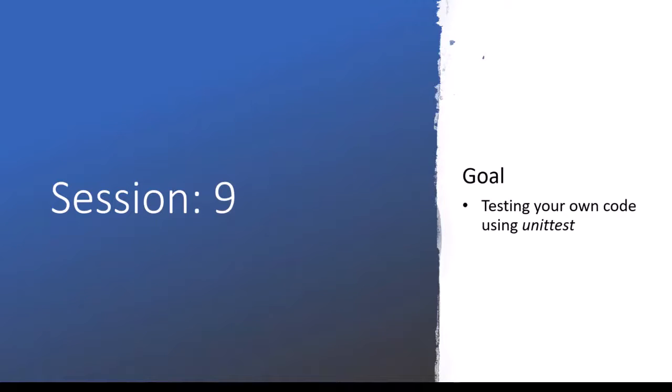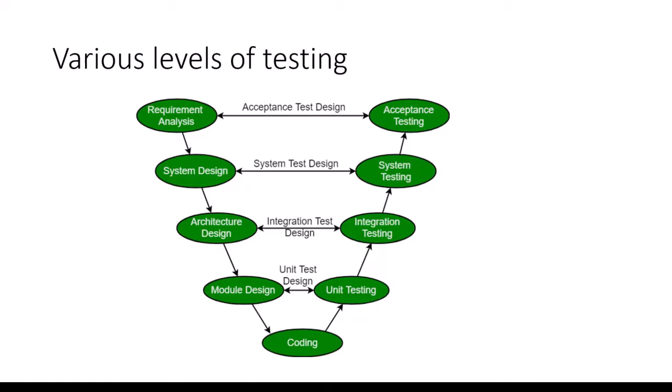So in a way, automation can happen at various different levels in the software life cycle, that we will see in a while. Okay, so the diagram that you are seeing is about various levels or various stages of the software development life cycle.